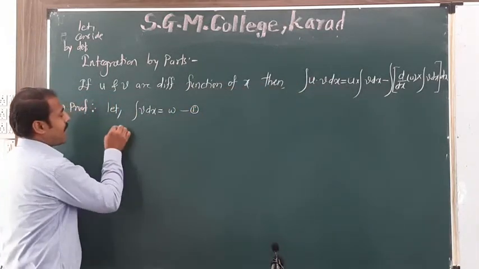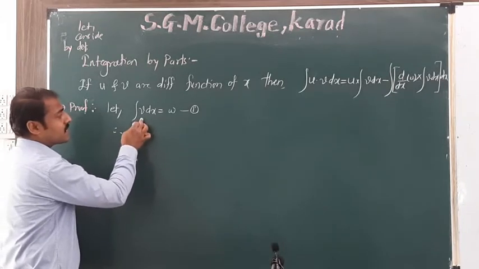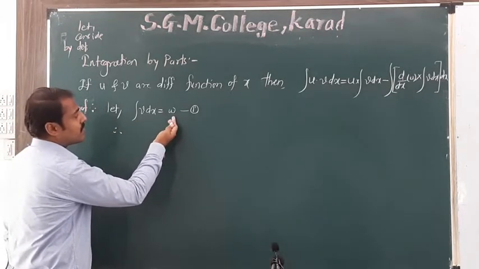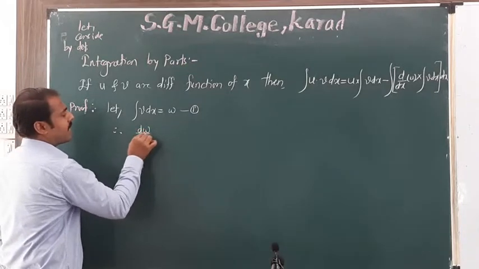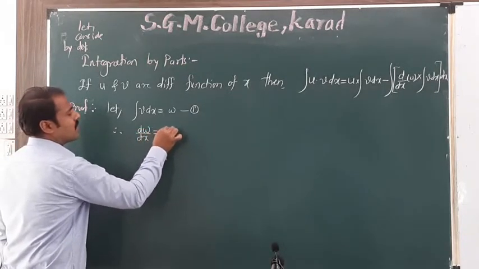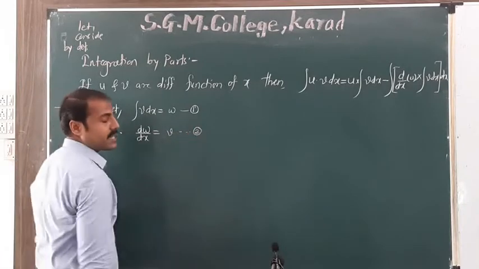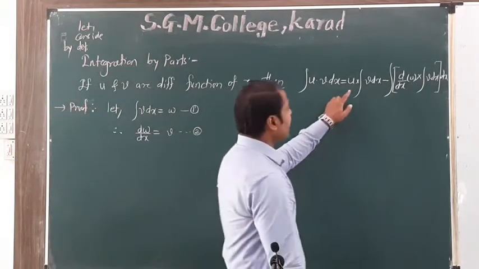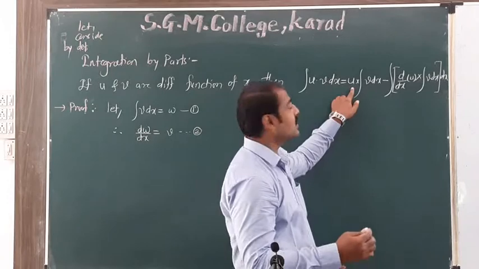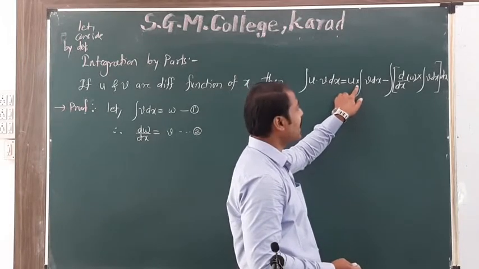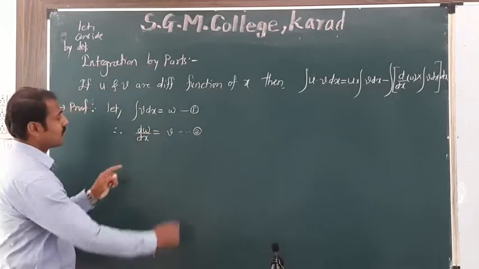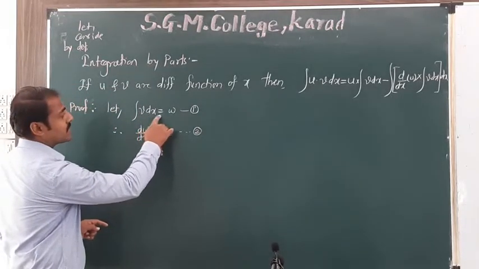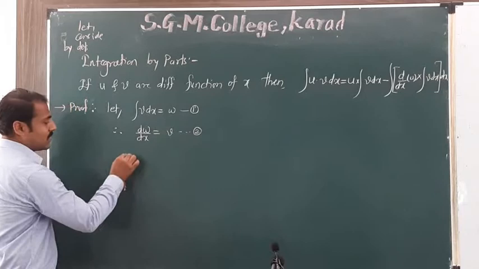Therefore, since integration of v is w, the derivative of w is v, so dw by dx is equal to v, it's our equation number second. In the RHS, the first term is u and the second term is integration of v dx, means u into w is there.